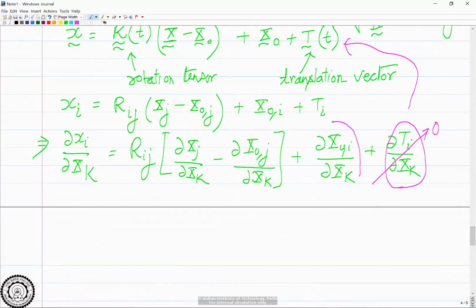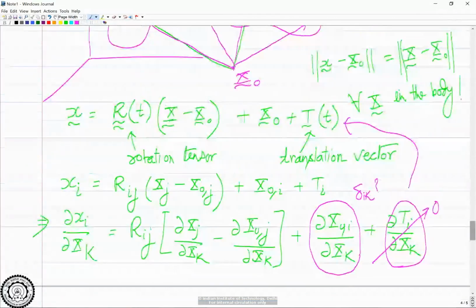Now, what about this one? What is this equal to? Anybody else? Roshan, can you tell me? Sir, delta ik. Delta ik? Okay. And anybody disagreeing with this?